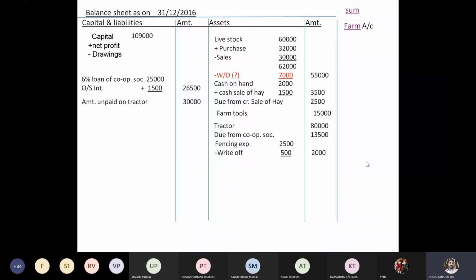And the written off amount rupees 500 will be shown as an expenditure on the debit side of the farm accounts. Second effect will be given for the rupees 500 on the debit side of the farm account.